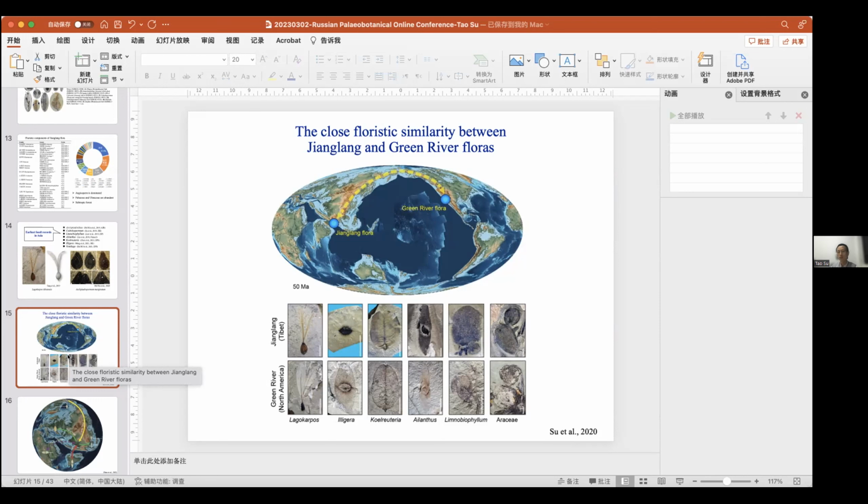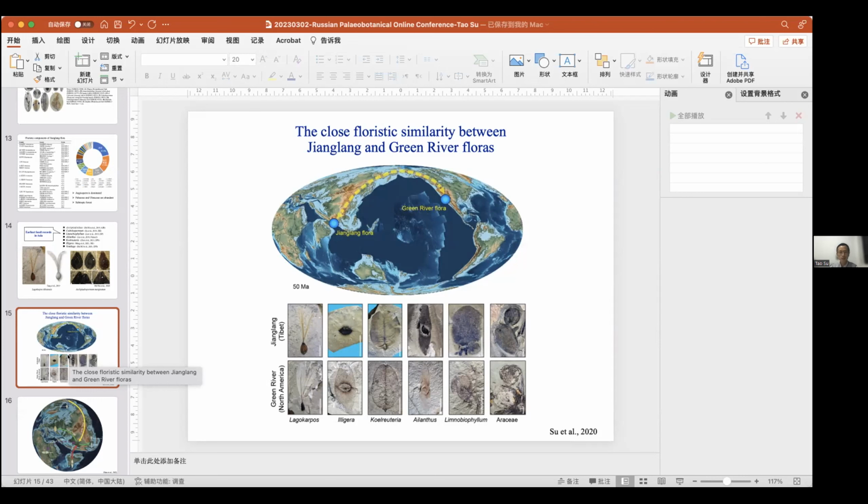But how did it form? Based on molecular phylogeny, the correlation formed quite recently. But according to the fossil records, they have very close floristic correlation in a much older geological past.